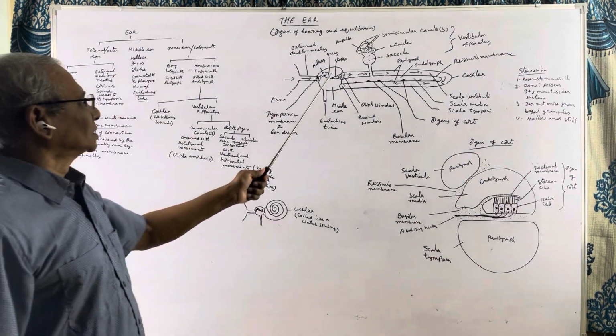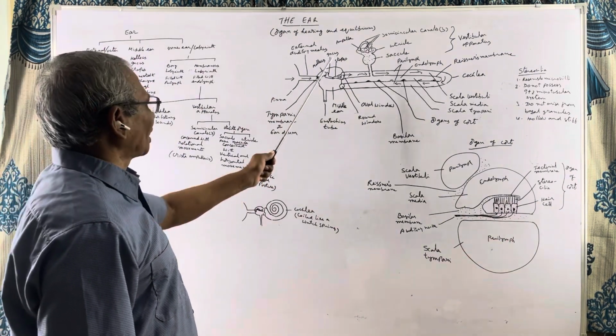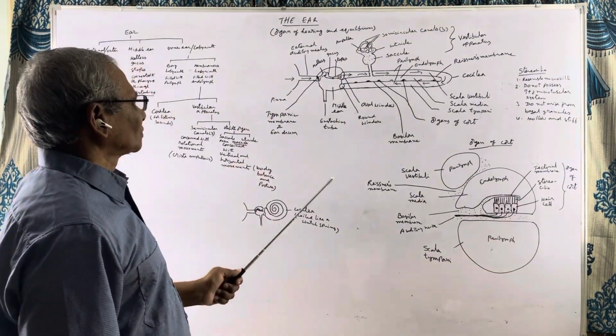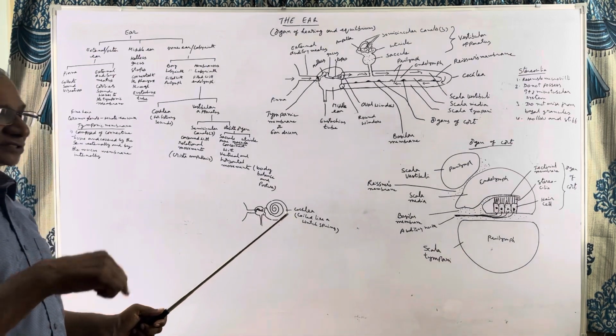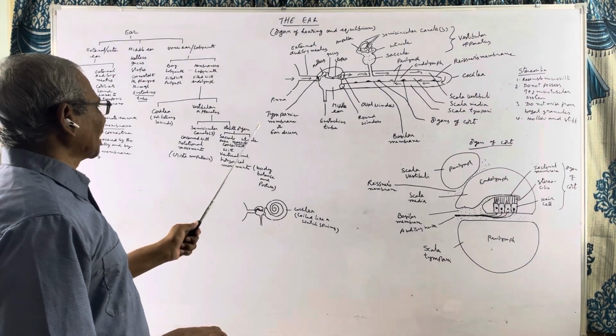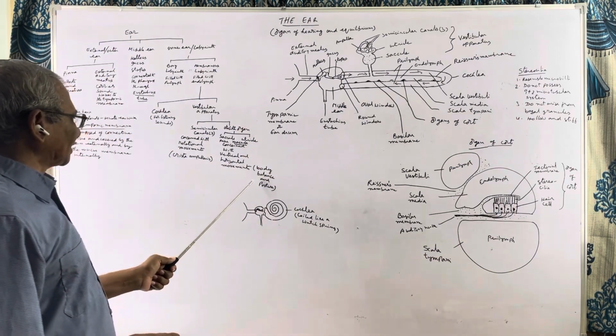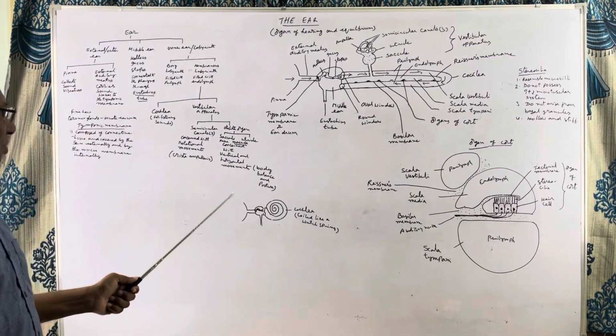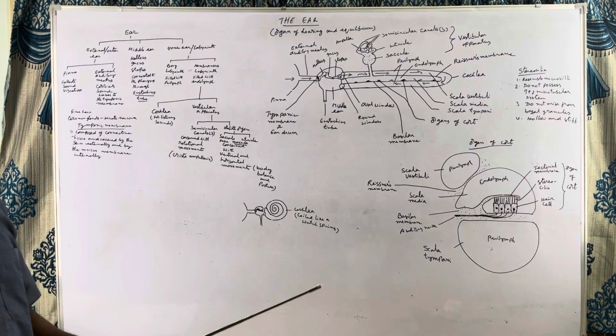So, the crista ampullaris present in the ampullae detect rotational movements, whereas the macula present in utricle and saccule detect vertical and horizontal movements and help in balancing the body.